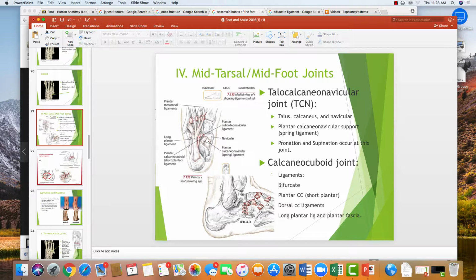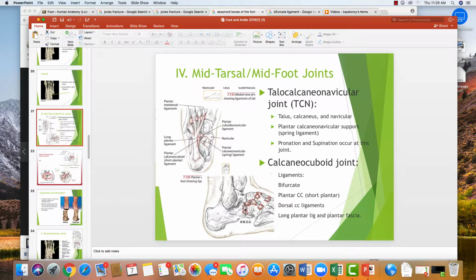Lots of little guys in here. The one that I really want you to pay attention to is this Y-shaped ligament right here. It's called the bifurcate ligament. This is a really important one. They're all important, they all serve good function, but this is one that I can imagine would be on a test coming up in about a week, so certainly one to focus on.